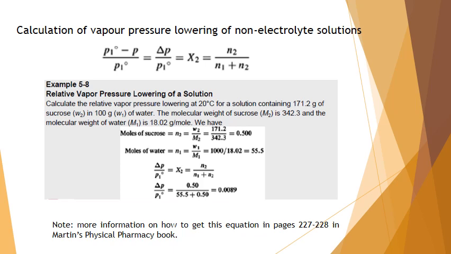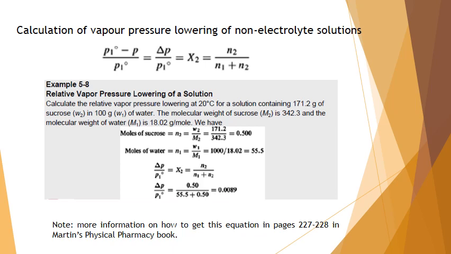That equals the number of moles of the solute, which is N2, divided by N1 plus N2, the total number of moles of the solute and the solvent. This is very easy and can be calculated with the equation. If we know, for example, the molecular weight and the weight of the solute and the solvent, we can easily calculate the relative lowering in vapor pressure.